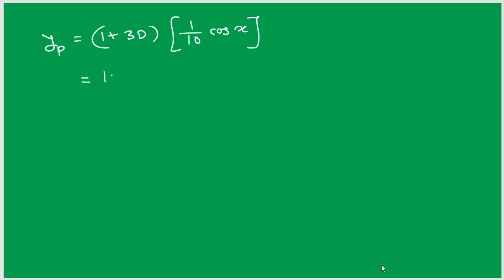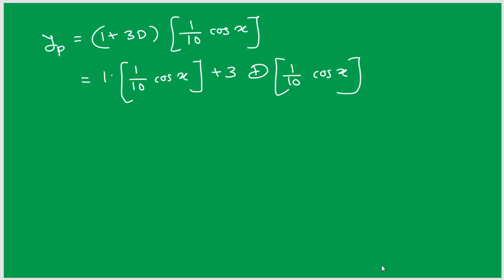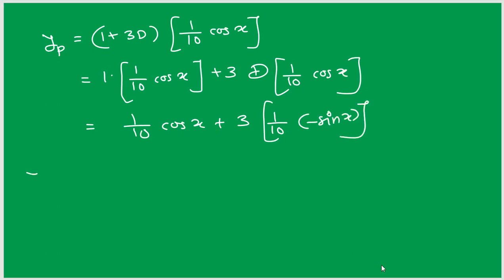So it is 1 operating on 1 by 10 cos x, which is just multiplication by 1, plus 3 times the derivative of 1 by 10 cos x, which with respect to x will be 1 by 10 times minus sin x. So our answer yp is 1 by 10 cos x minus 3 by 10 sin x.